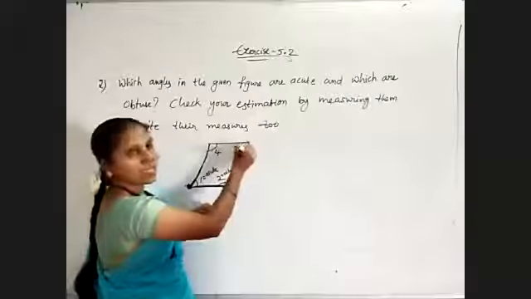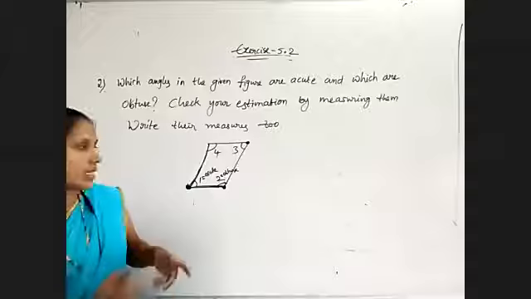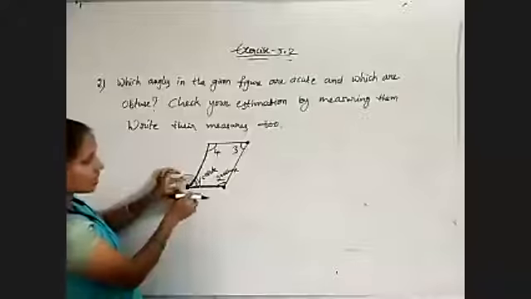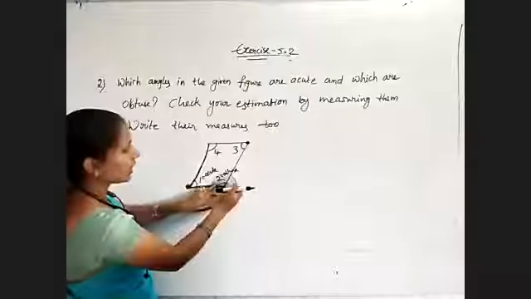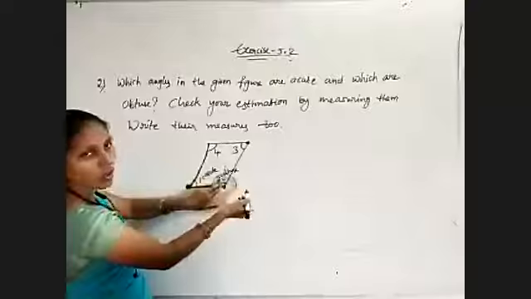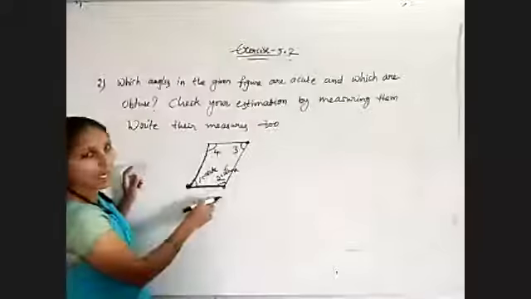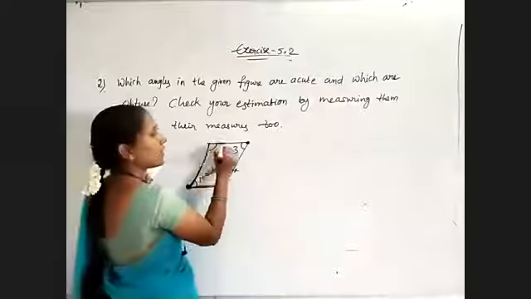Now for 3. So already I told you for baseline just like this if we are keeping we will get acute or obtuse, because less than 90 we are getting acute and here more than 90. See 90 is here. It is more than 90, so it is obtuse angle. It is very easy to check for angle 1 and angle 2. What about angle 3 and 4? Select any one of the arms.